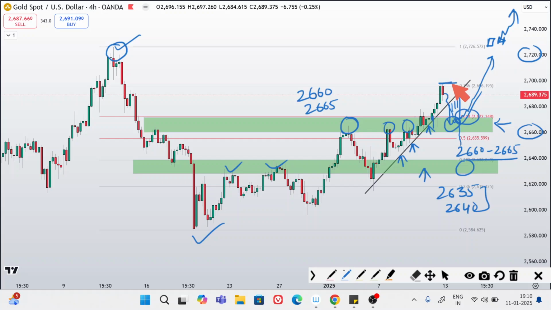So after this high of the previous week, we have to wait for a breakout on this level to buy into the higher side. Or if you want to enter into the buy, I think that is not a good idea. But if you want to take risk, this is the level of support that you can consider. Okay, so overall we have to look for buy opportunities for next week also.